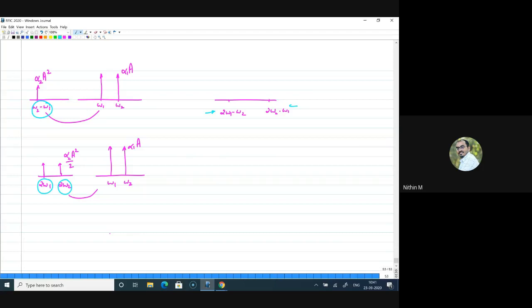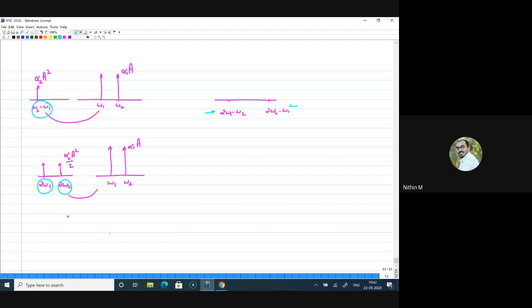What will be the amplitude of such components? It may be difficult to write it over there, so I'll write directly here. First, let me write the components.